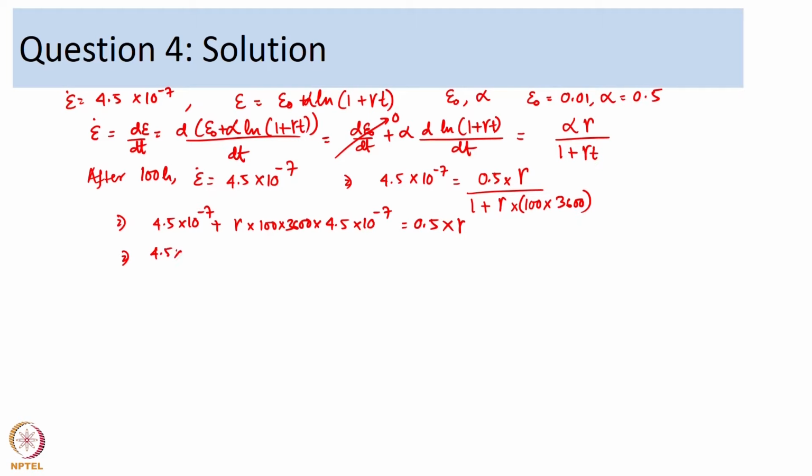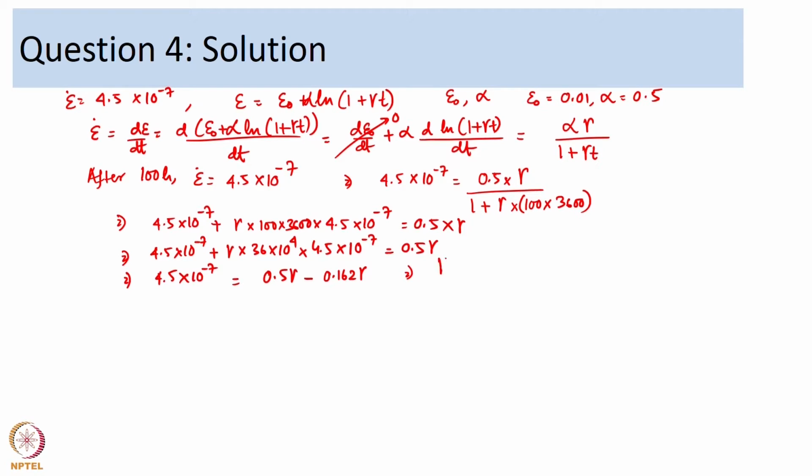This implies 4.5 into 10 to the minus 7 plus gamma into 36 into 10 to the power 4 into 4.5 into 10 to the minus 7 is equal to 0.5 gamma. This implies 4.5 into 10 to the power minus 7 is equal to 0.5 gamma minus 0.162 gamma.